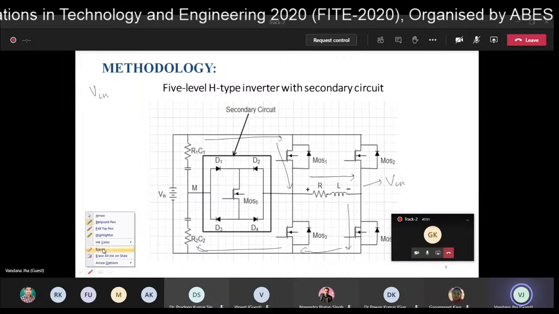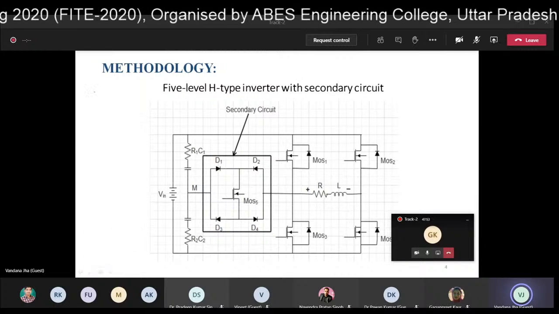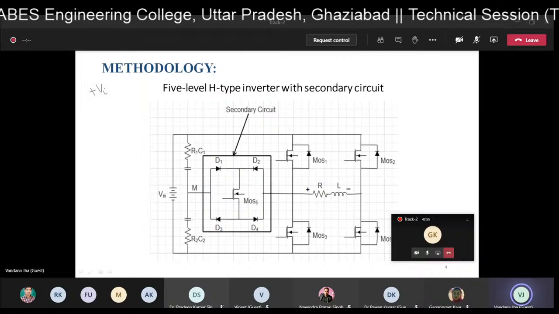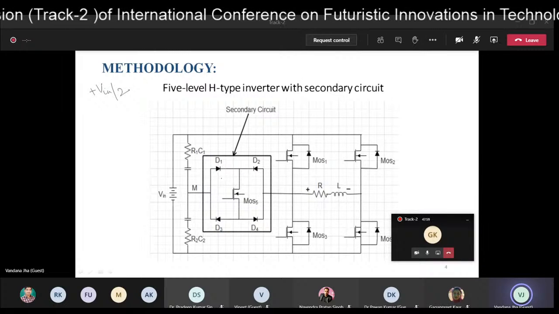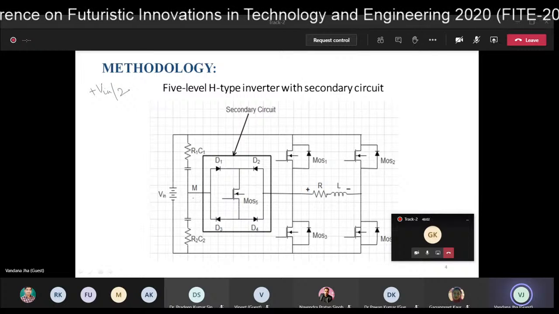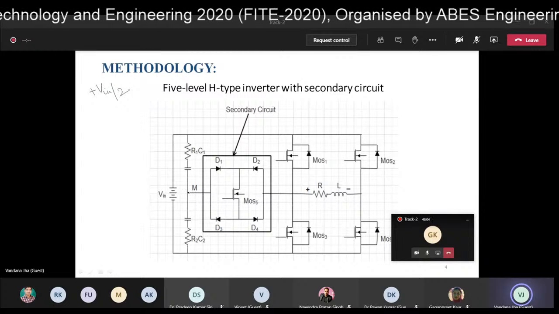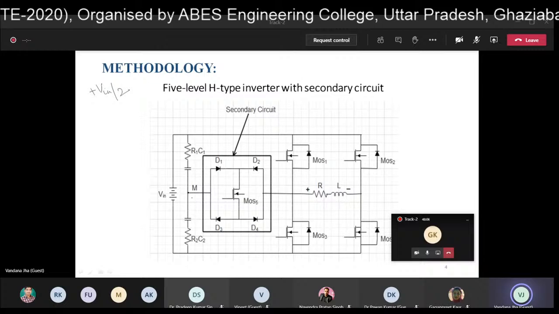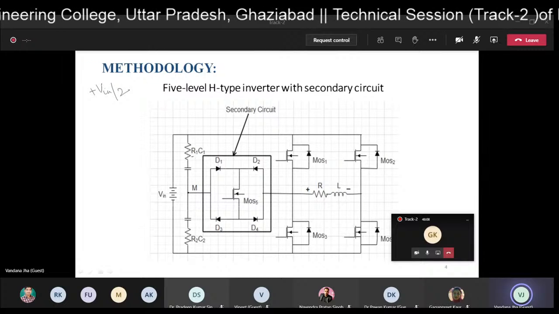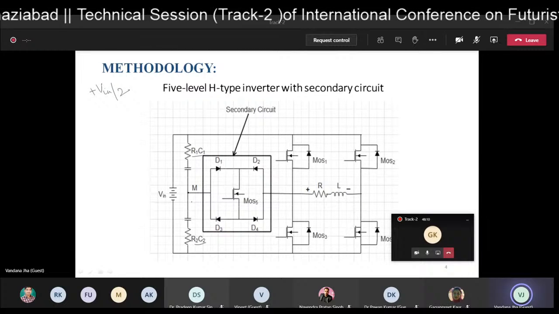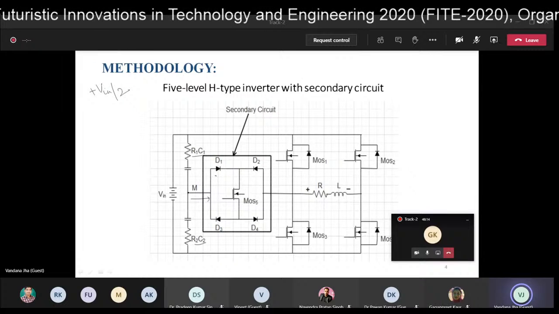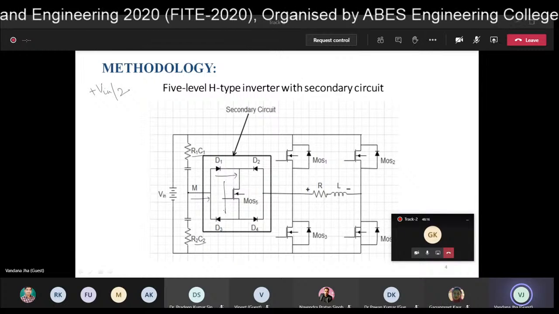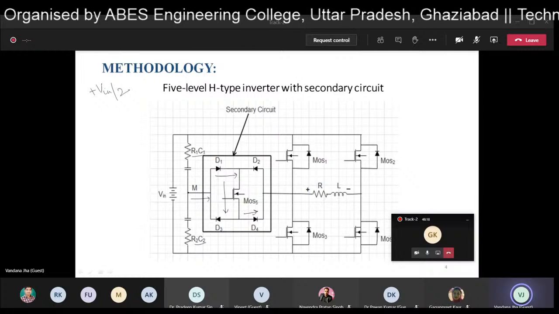Now for the second mode of operation, plus V in by 2, the direction of the current flow is as shown, because this is the midpoint of the total circuit, which is made by the voltage divider of R1C1 and R2C2.